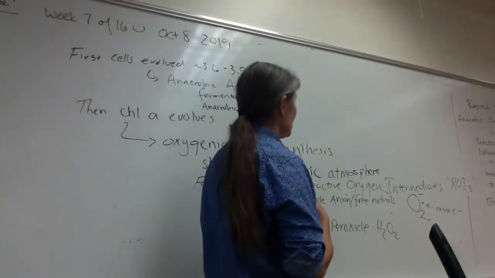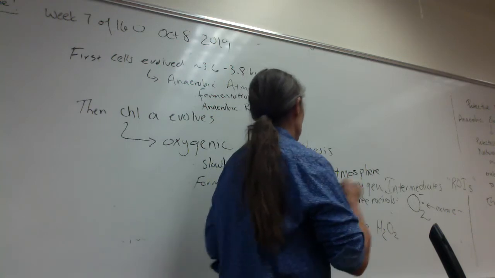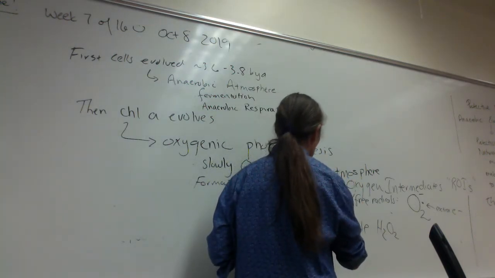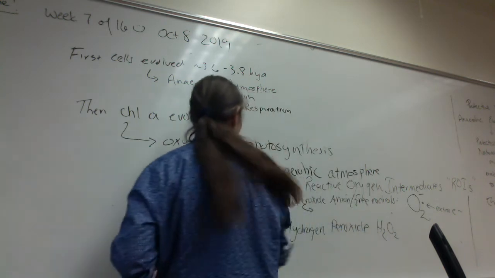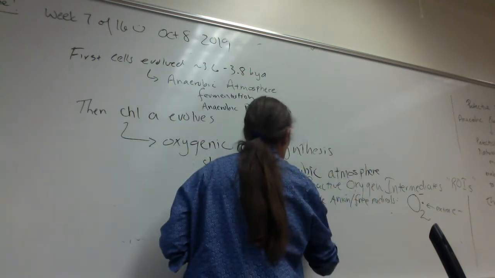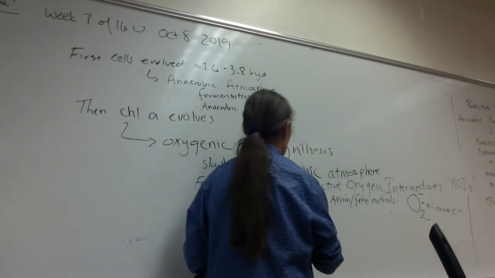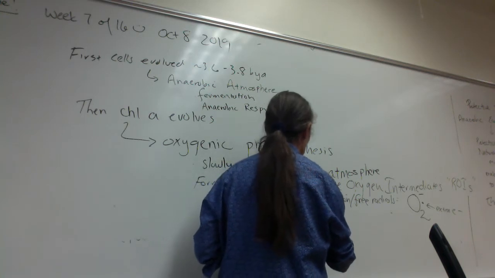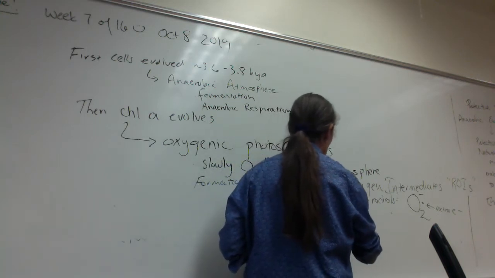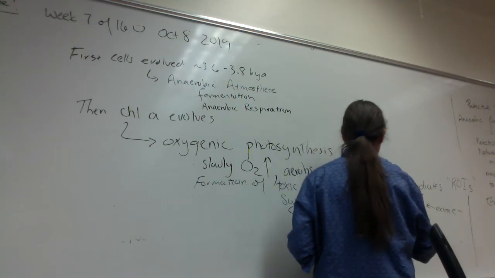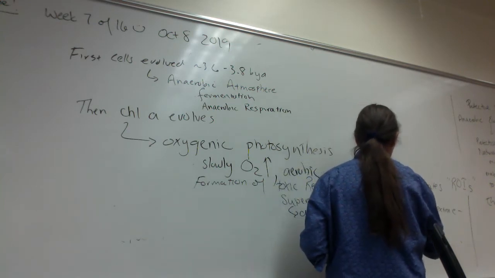The enzyme that's going to break down the superoxide anion is called superoxide dismutase.